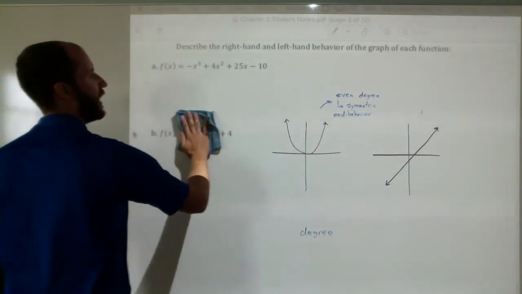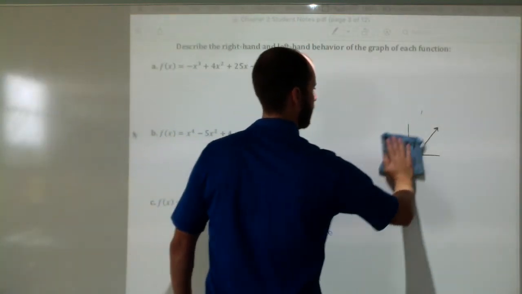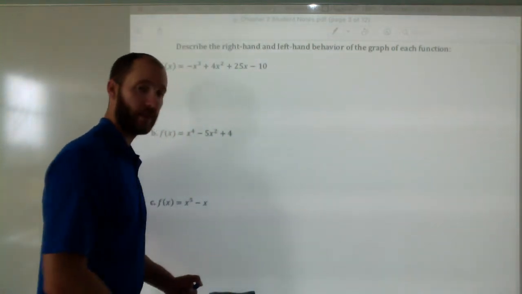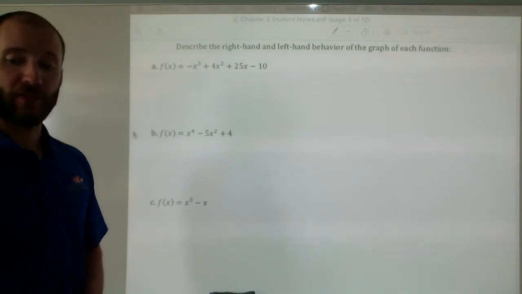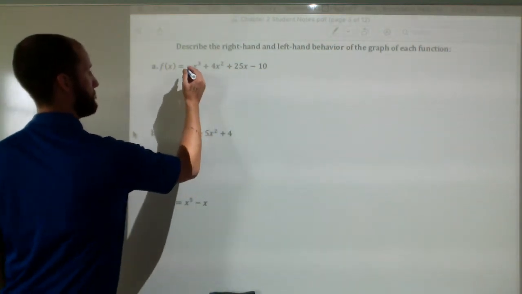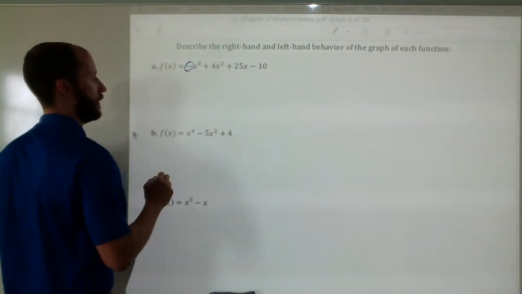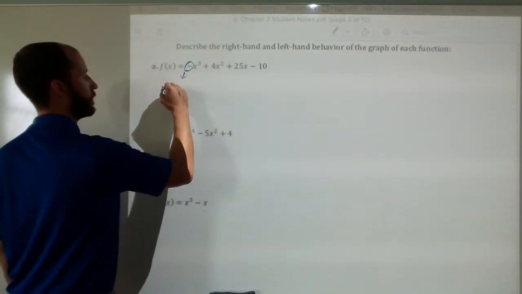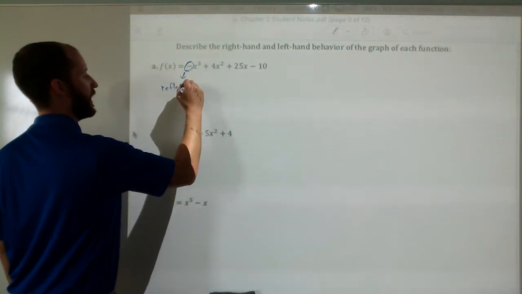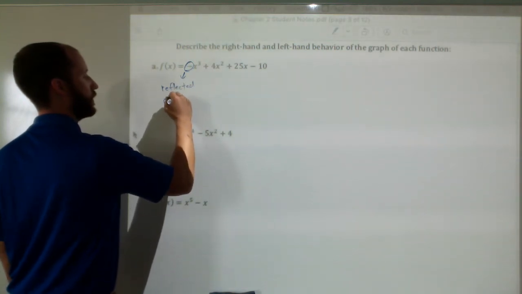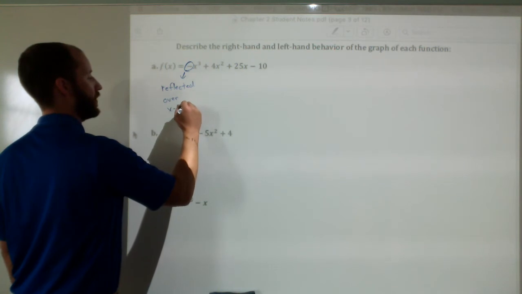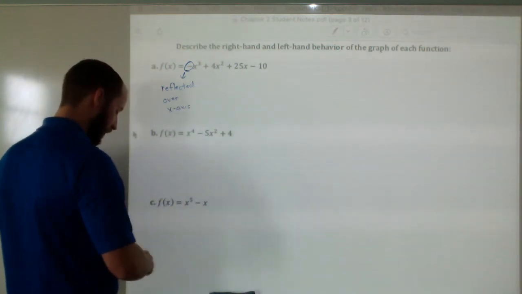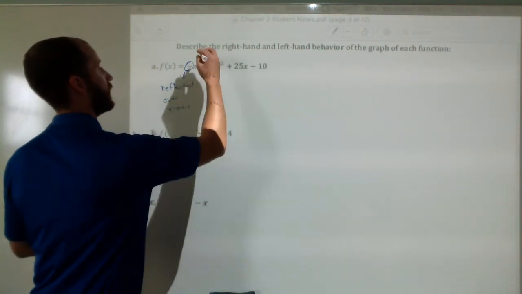To describe right-hand and left-hand behavior, or end behaviors, start with the leading coefficient test. Now we have a negative leading coefficient, which means it's reflected over the x-axis. And we have x to the third.